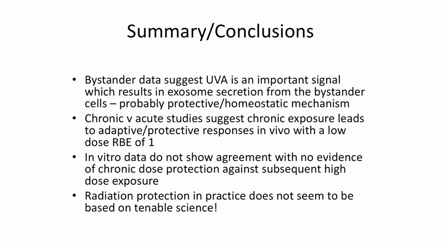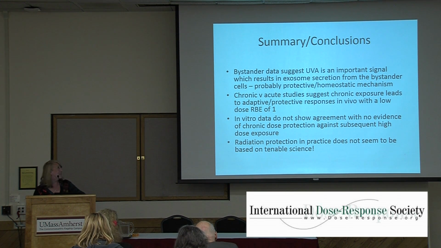And the chronic versus acute studies suggest that chronic exposure leads to adaptive protective responses in vivo with a low dose RBE of 1, but the in vitro data do not show agreement, and there's no evidence of chronic dose protection against subsequent high dose exposure. And we found that very, very troubling and surprising. And finally, just to be provocative, we think that radiation protection in practice doesn't seem to be based on tenable science.